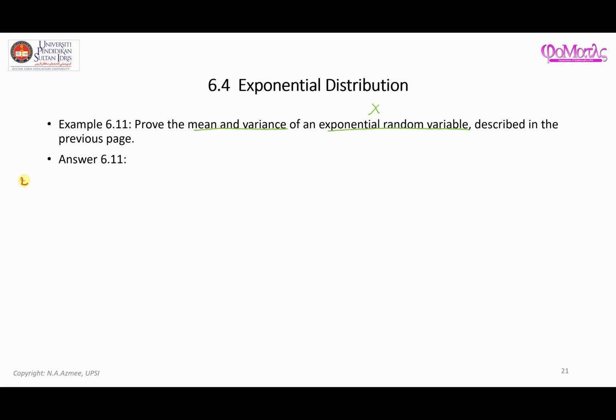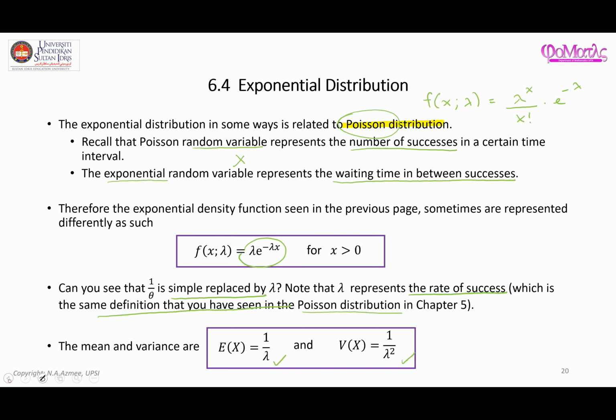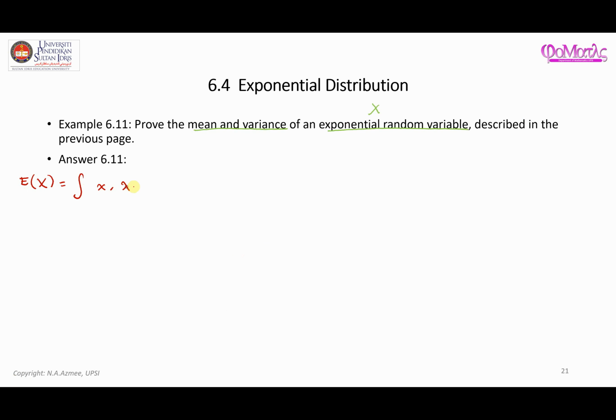So the expected value of x is just, we integrate x times f(x), and our f(x) is this one: lambda e to the negative lambda x dx from 0 to infinity. Lambda is a constant, so you can take it out and just focus on the remaining terms.